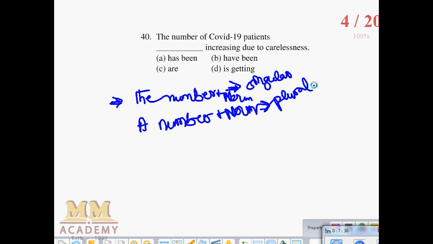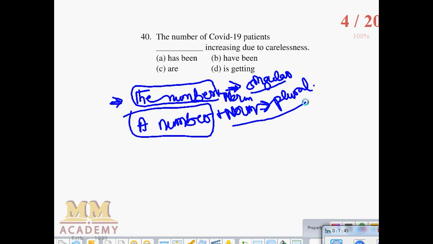After the number, you need a singular verb, and after a number, you need a plural verb. So the options are: has been, have been, are, and is getting. Okay, is getting is not possible because after is getting, you need the third form of the verb. And here we have got increasing, the participle, so D is not right.